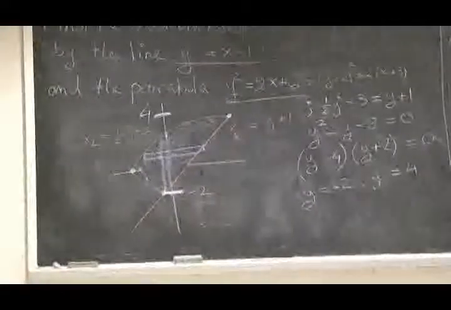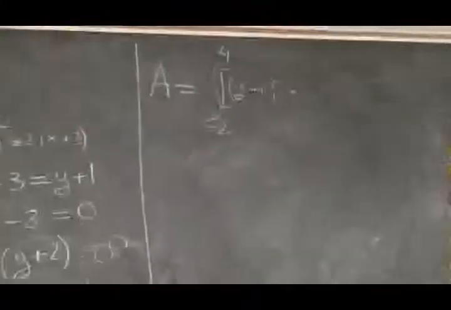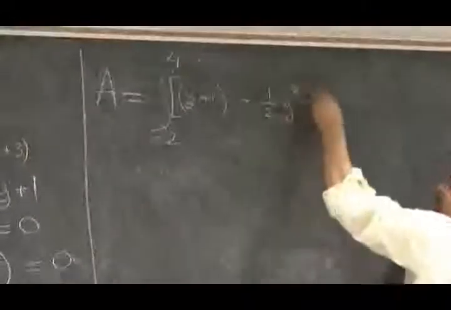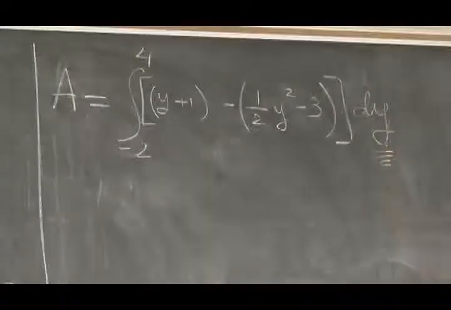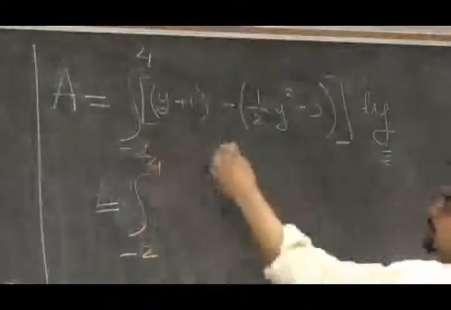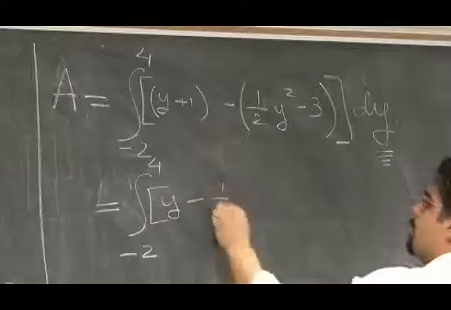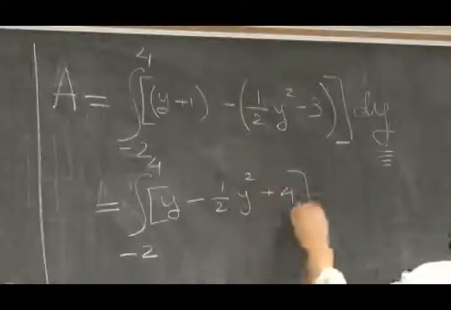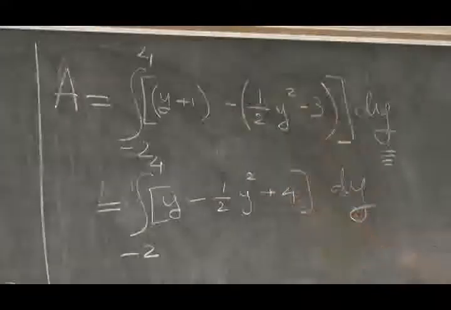Great, so according to what we did earlier, it's the integral over the y-axis, from negative 2 to 4, of the right function, which is y plus 1, minus the left function, which is 1/2 y squared minus 3, dy. We simplify this part and get the integral from negative 2 to 4 of y minus 1/2 y squared plus 4 dy, since 1 minus negative 3 is 4.